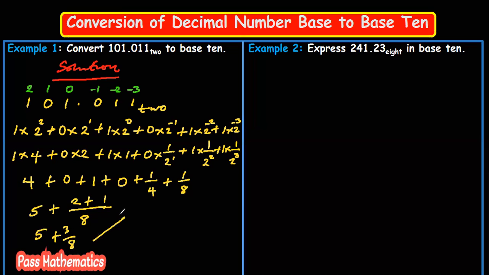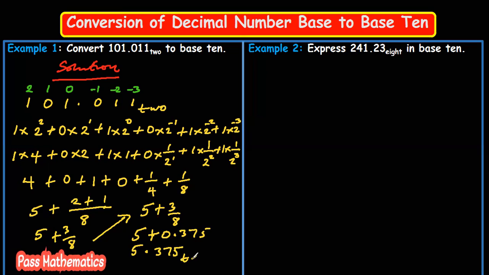When we divide 3 by 8, we are going to have 0.375. Then we can write 5.375 in what base? In base 10 now.